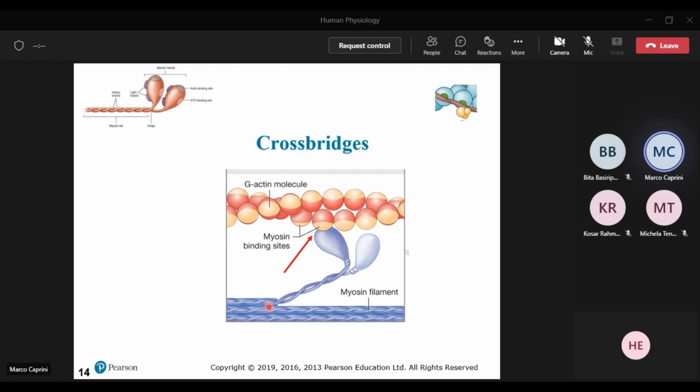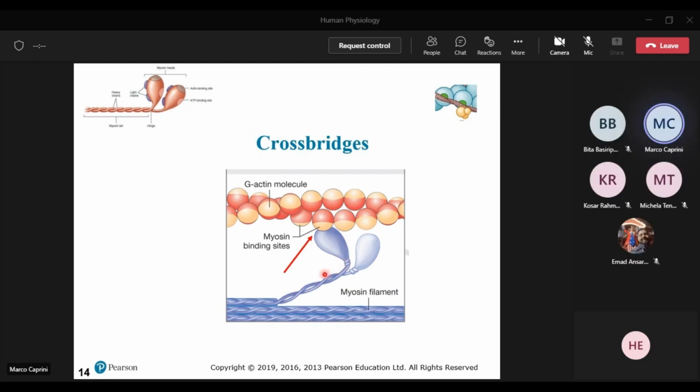The heavy chain of the myosin head forms the motor domain that uses energy from the ATP to create the movement. We will see how the process can promote the contraction. Because the myosin acts as an enzyme to hydrolyze the ATP and gain energy, as we said before, for this reason it's considered a myosin ATPase protein.